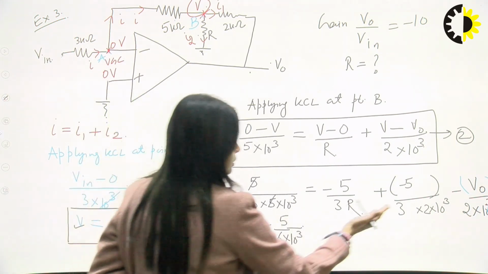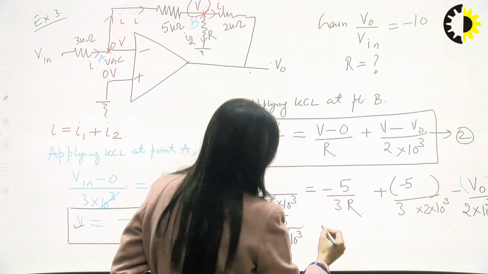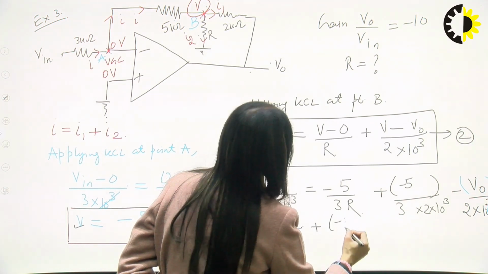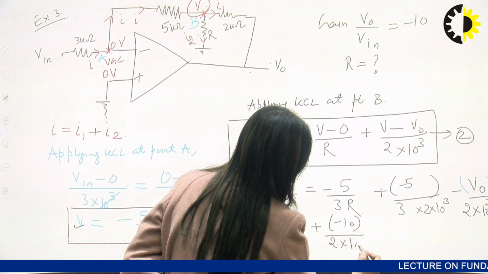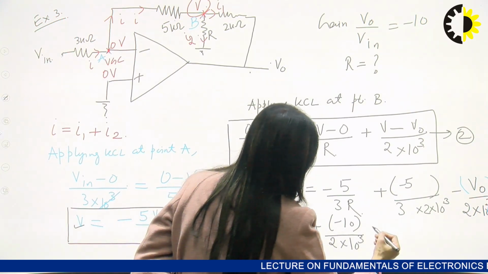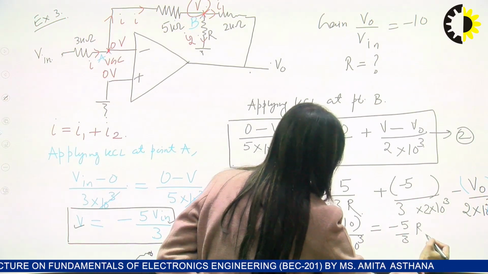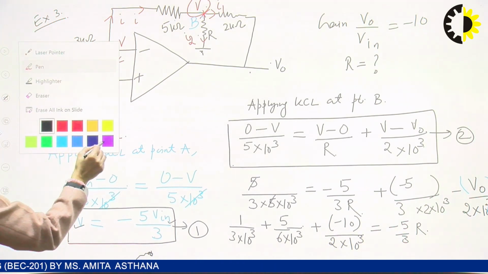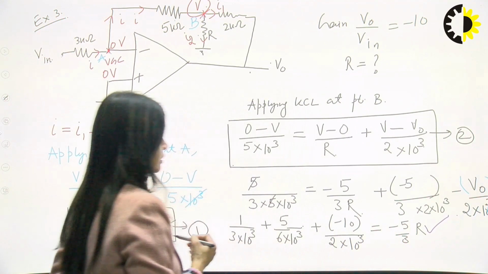Okay, take here, and this one also, plus minus 10 upon 2 into 10 raised to the power 3, and that is equal to minus 5 by 3R. From this equation, we can calculate the value of R.